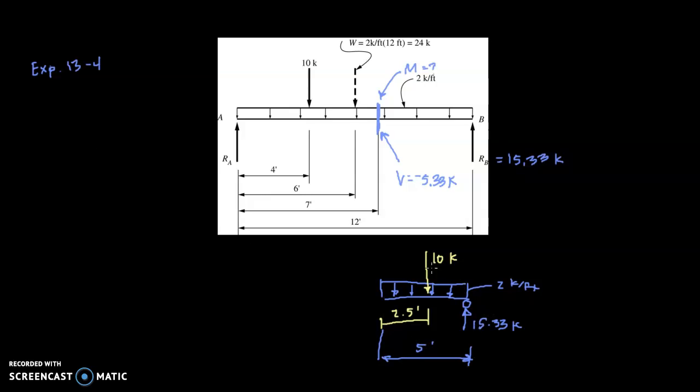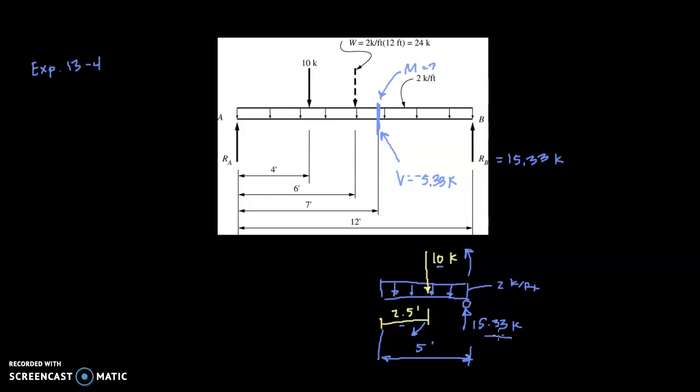So this 10 kip load is going to cause a moment in the clockwise or negative direction. The reaction force is going to cause a counterclockwise moment. And I can tell just by looking, because this is a lower force number and a lesser moment arm, that the two of these moments combined are going to result in a net moment in the positive direction.